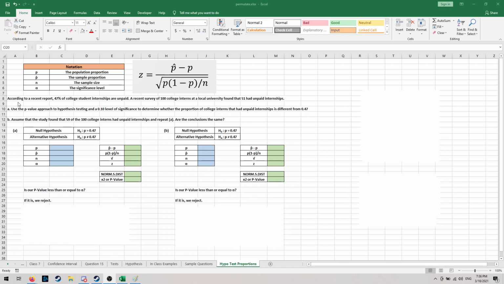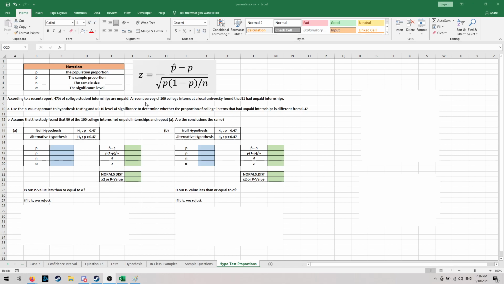So in this question, we're told that 47% of college students have unpaid internships. And this statistic here, this 47%, this is our P, or our population proportion. We've either sampled every single college student at one point or enough of them that we've been able to make this 47% judgment.